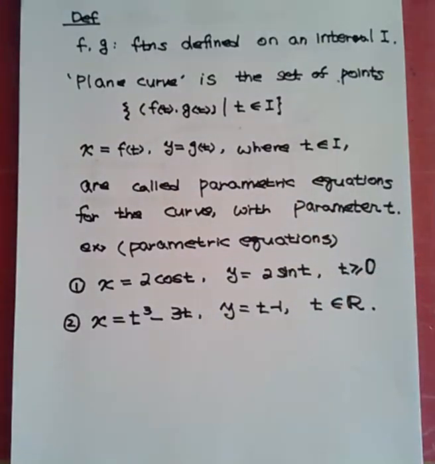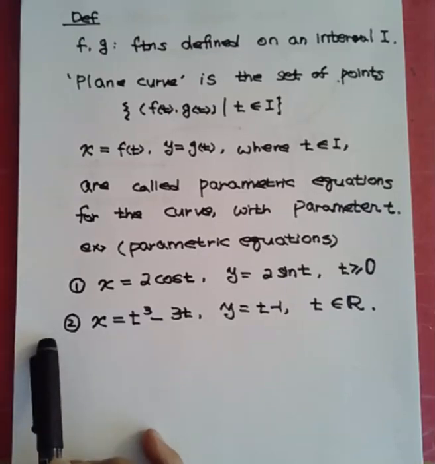When we put x equals f of t and y equals g of t, then those two equations are called parametric equations with parameter t.